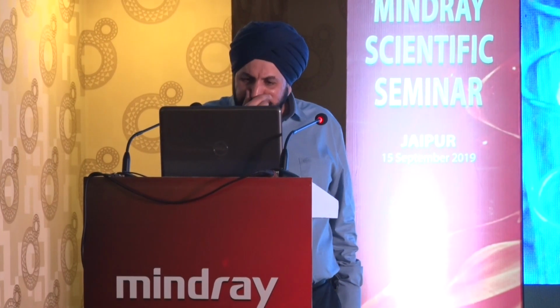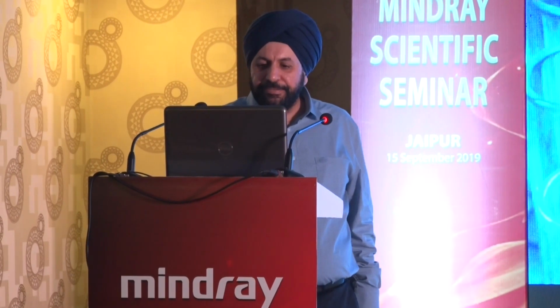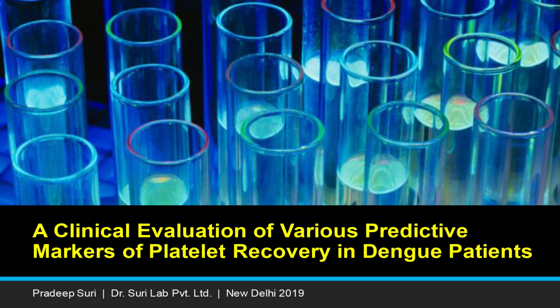And this is the paper we presented this year in Vancouver at ISLH, where we did a clinical evaluation of various predictive markers of platelet recovery in dengue patients. Now IPF is not the only surrogate marker for platelet recovery. We are now looking at a plethora of markers, including high fluorescence cells, just as ma'am told.